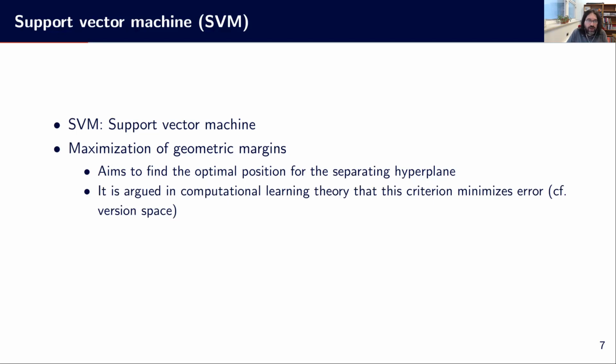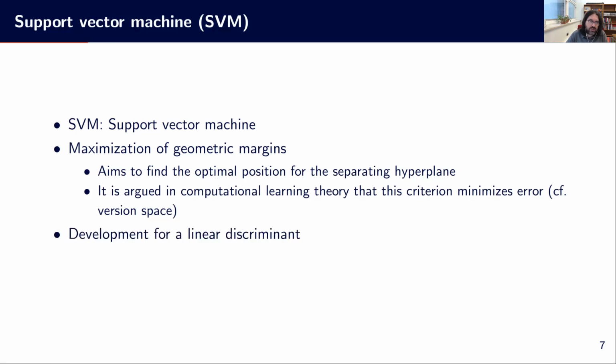It is argued, in fact, that such a criterion of maximizing the margin is the right criterion. According to the version space, we have some theory that is supporting this quite well, that it is at least a right thing to do in terms of classification, learning a classifier.